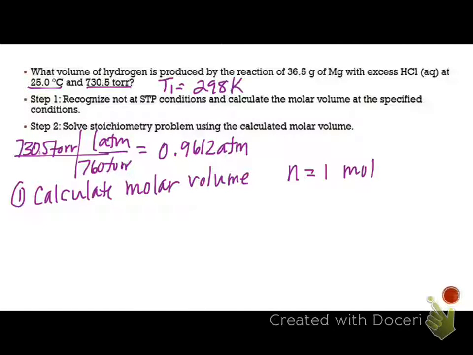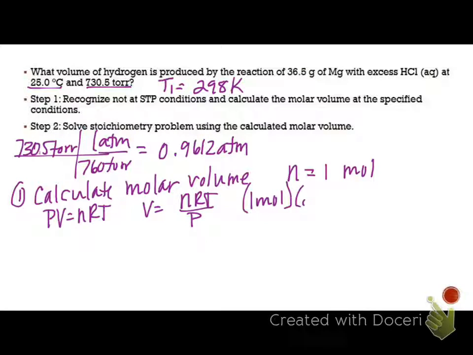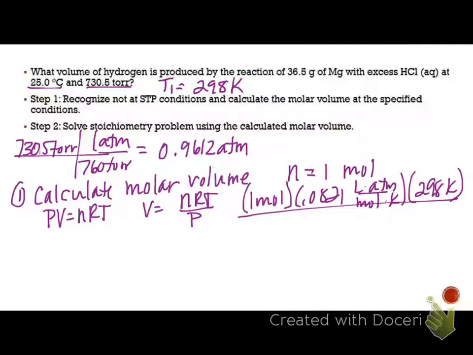So we're going to use PV equals nRT, solving for V. So we will have nRT over P. So 1 mole, our R value is 0.0821 over mole K, times our temperature of 298, divided by our pressure of 0.9612 atmosphere.